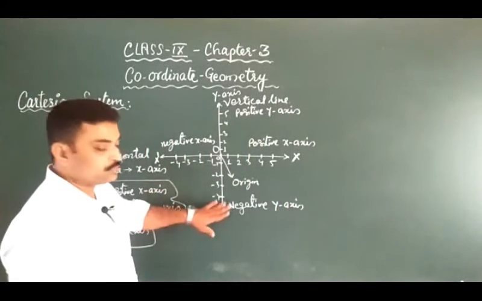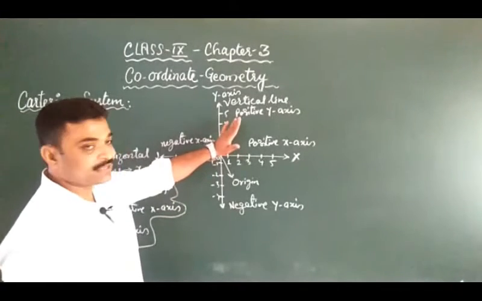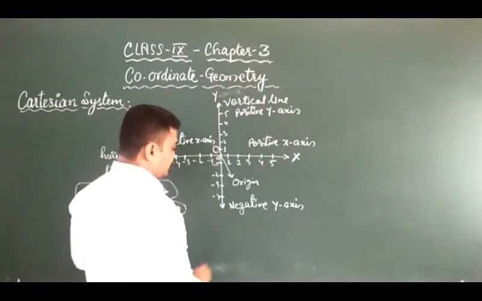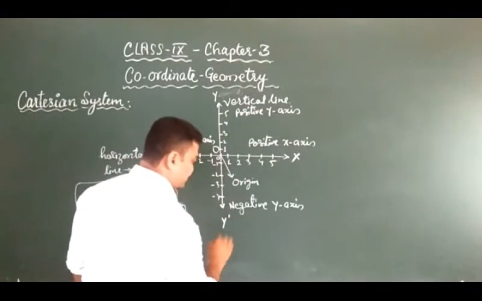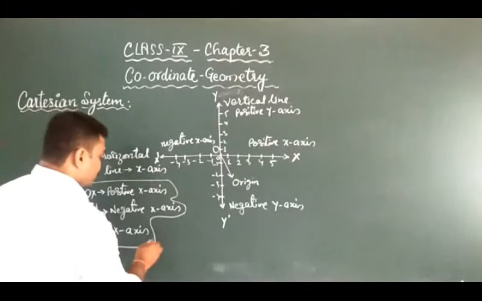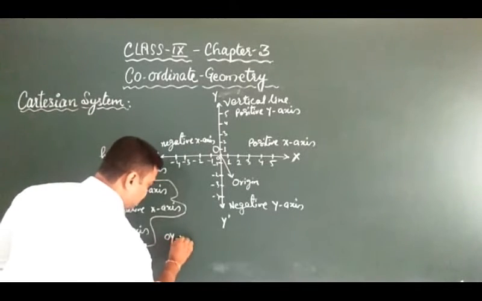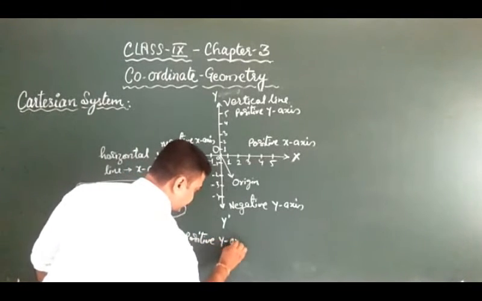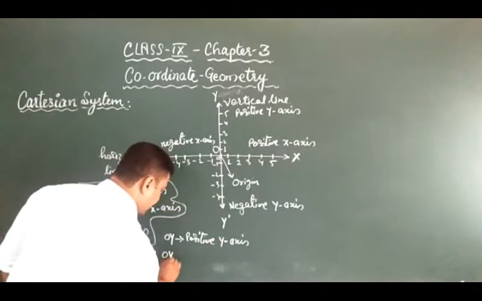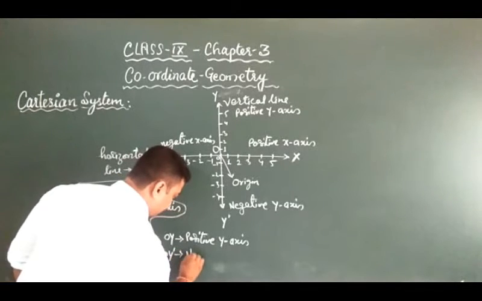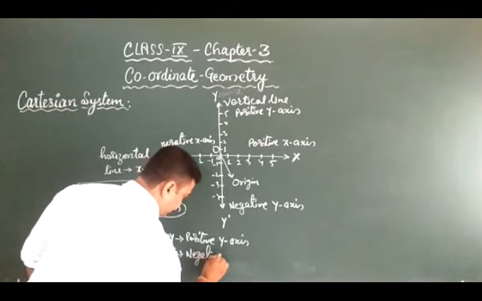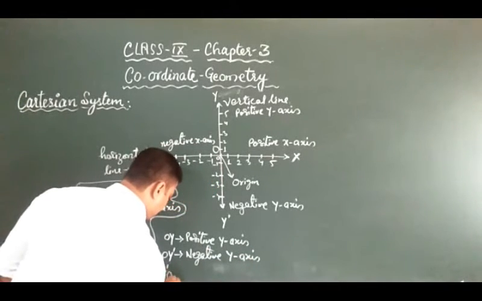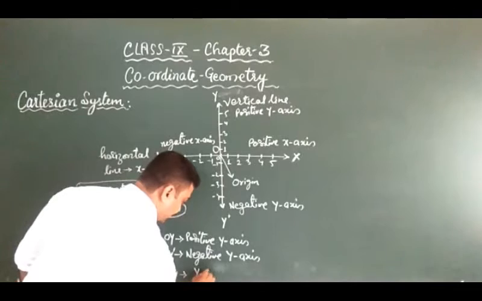We will denote this positive y-axis as y and the negative y-axis as y dash. So OY is called positive y-axis, OY dash is called negative y-axis, and y dash OY is called y-axis.